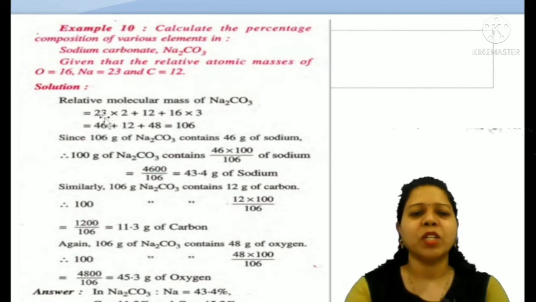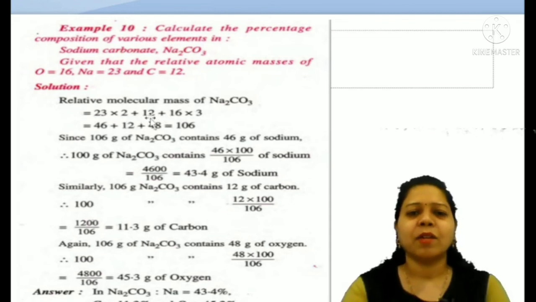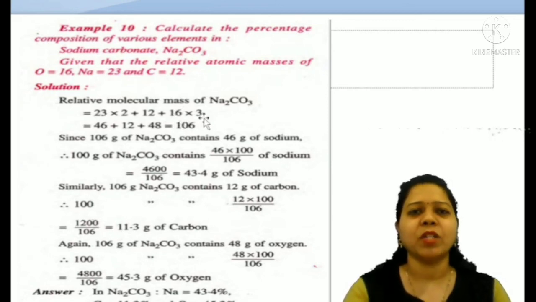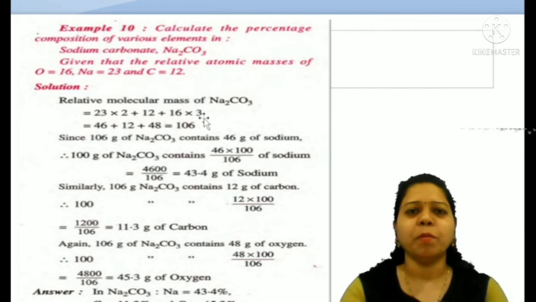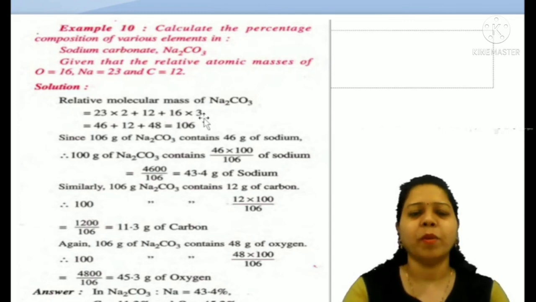The mass of one sodium is 23. 2 sodiums are there, that's why 23 into 2. Next, 1 carbon is there, that's why we add 1 carbon, plus 3 oxygens are there, mass of 1 oxygen is 16, that's why 16 into 3. After the whole calculation we get the molecular mass of sodium carbonate as 106.